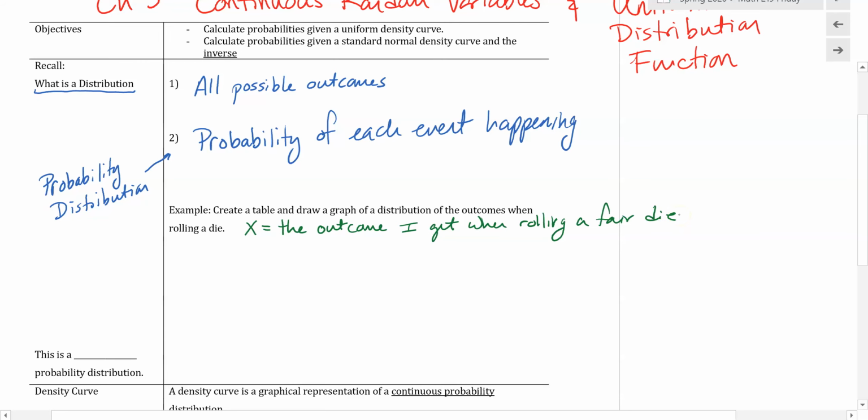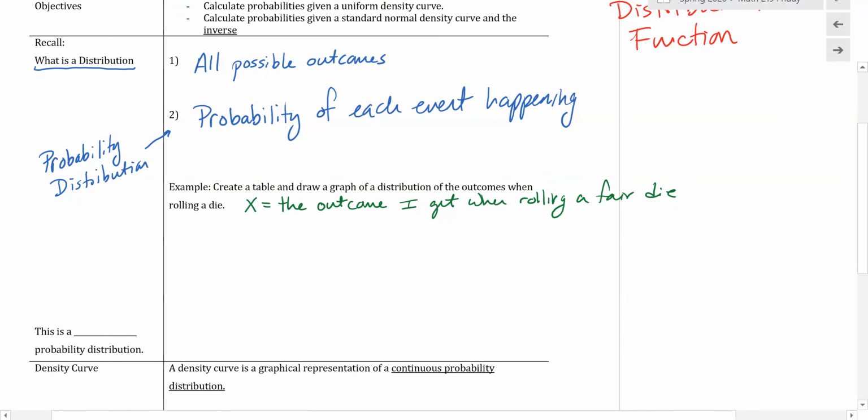So, what am I saying? There's 2 things I gotta write down. I gotta write down every possible outcome that can occur. I can get a 1, 2, 3, 4, 5, or a 6 when I roll that die.